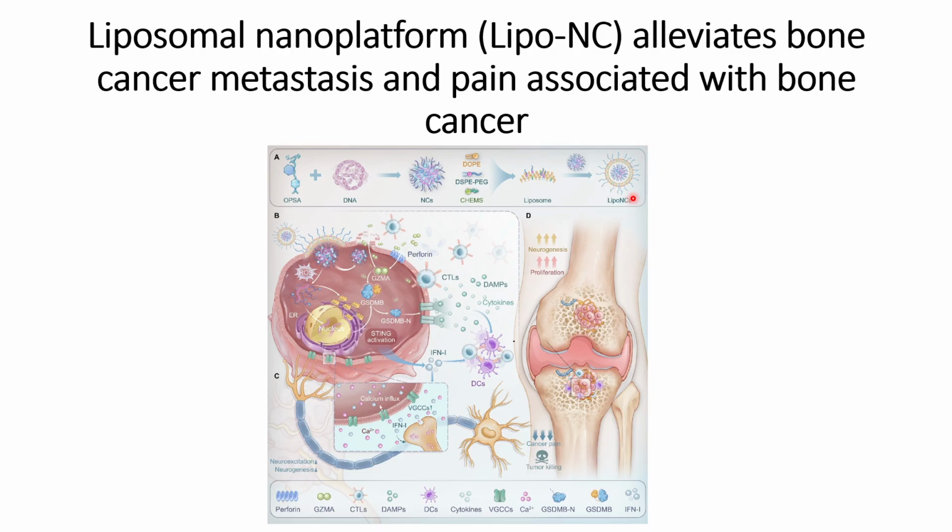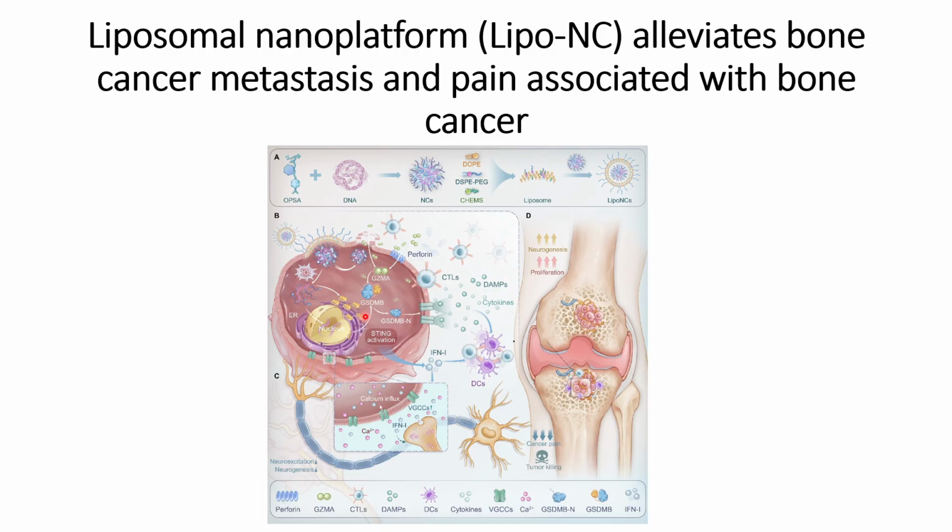Once it interacts with the tumor cells, because of membrane fusion, which is the property of liposomes to internalize themselves into the tumor cells, it can, in one way, trigger this STING agonist that will activate the immune system of the patients against the tumor cells.